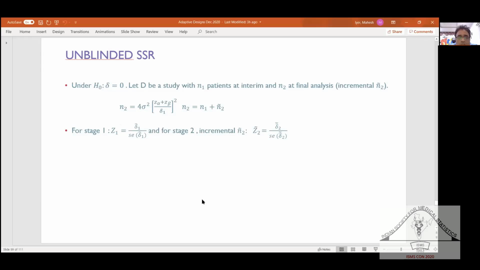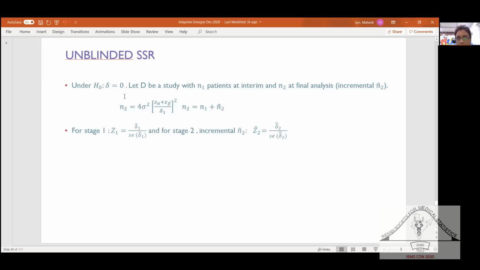Under the null hypothesis, let delta be equal to 0. Your treatment effect is 0. And D is a study where you have N1 patients at interim and N2 at final. So N1 is 100, N2 is 250, so the incremental N2 tilde is 150.